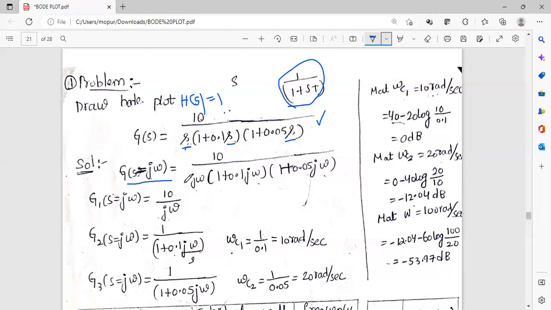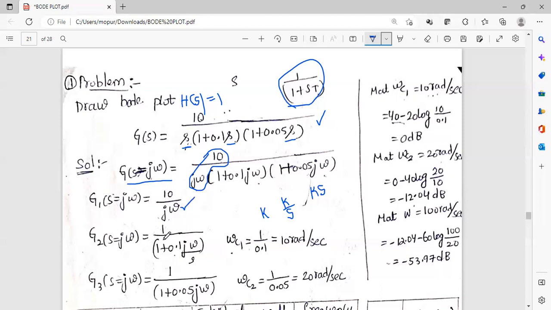Remember, while extracting components, the first component should be taken carefully. If you have S in the numerator or S in the denominator, you should include that in the first part. That is, the first component should always be some constant K into S, otherwise K by S. If S is not there in the numerator or denominator, then K. The first component should always be among these three: K, K by S, or K into S. Since there is an S in the denominator, I am taking the first component as 10 by j omega.